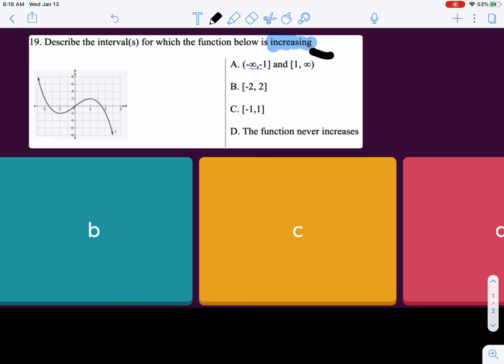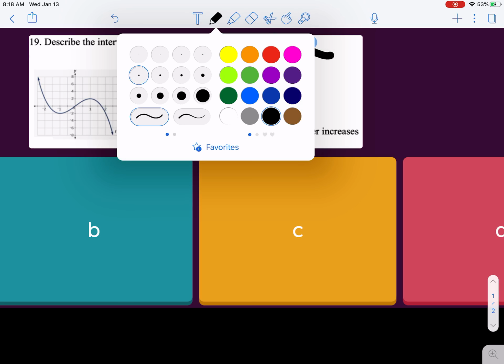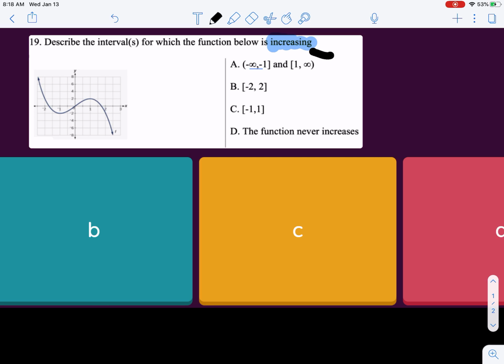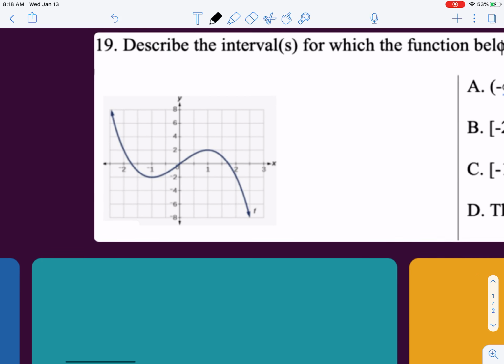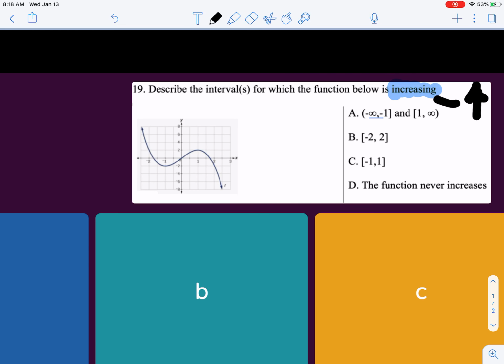So just knowing what we know about increasing, it simply means where is the function going up. When you read a function, you read it left to right. So even further with that, from here to here, the function is going down.